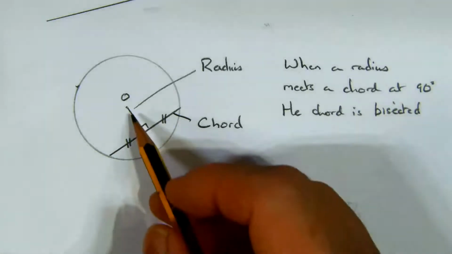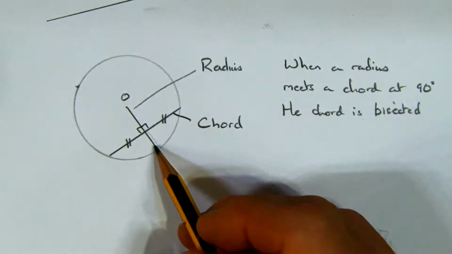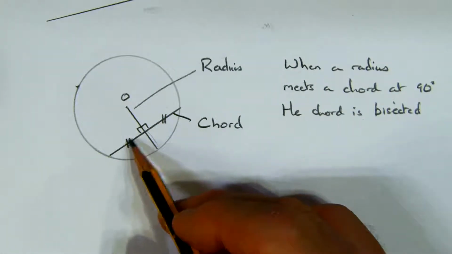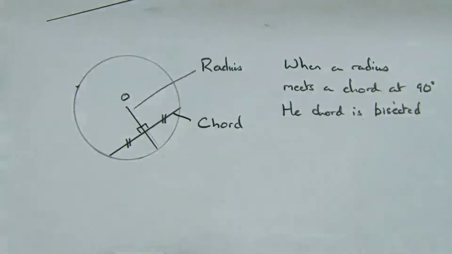Similarly, we could have said that when a radius bisects a chord, then it will do so at 90 degrees. And we can talk about these either way. Okay, so there's a couple of really quite easy little circle theorems. Let's bring in another one.